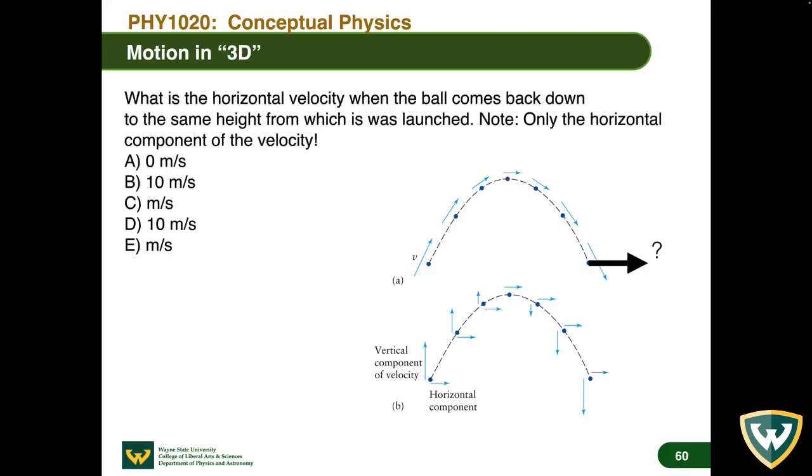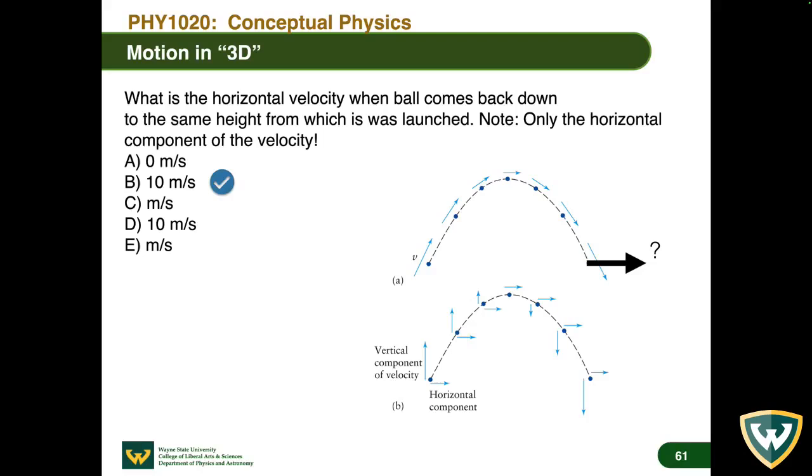Now you can ask, what is the horizontal velocity when the ball comes back down to the same height from which it was launched? What is the horizontal component? Well, it hasn't changed. It's still 10 meters per second because along the horizontal direction, there is, in fact, no acceleration.